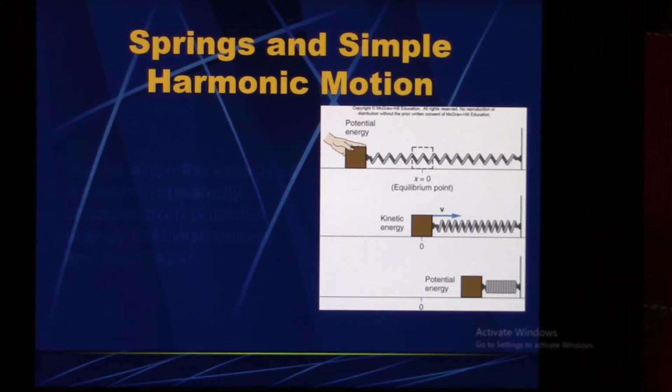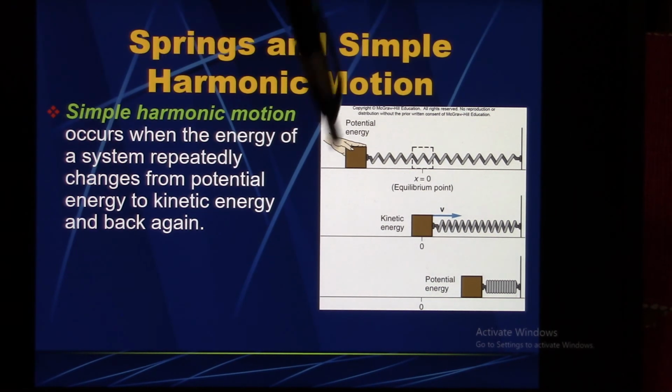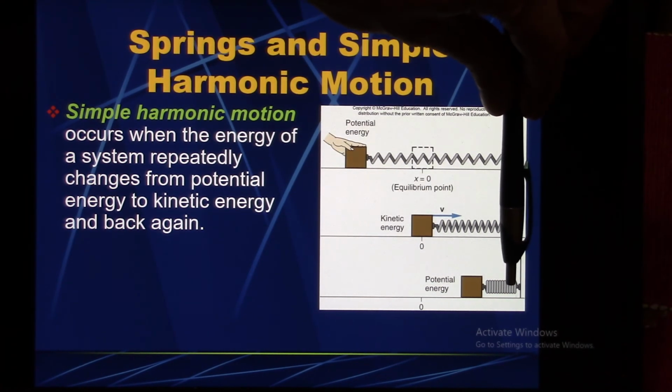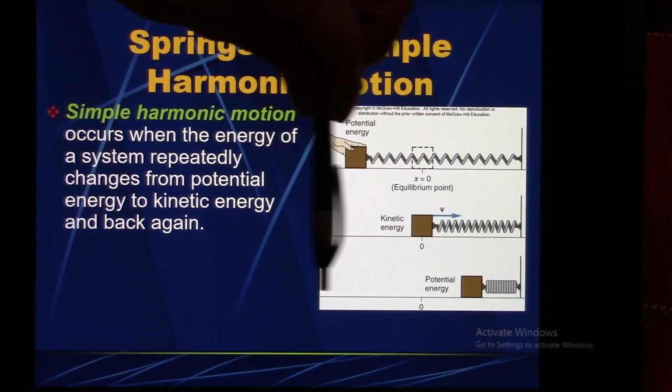So, okay, simple harmonic motion occurs when the energy of a system repeatedly changes from potential energy to kinetic energy and back again, right? We talked about that with the pendulum. Well, with a spring, you can get the same thing. You would pull this, and then when you let go, the spring is going to compress, but now the spring is compressed, and so it's going to push, and it'll just keep going back and forth.